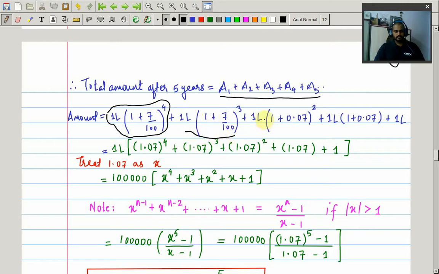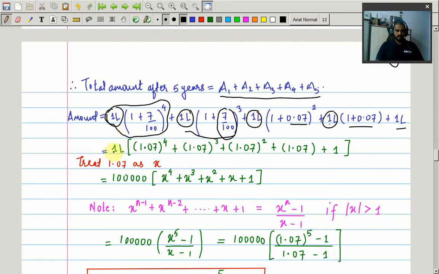Now what I have done: this 7 by 100 is everywhere, so I have started writing it as 7 divided by 100, which is 0.07. You can see that 1 lakh is everywhere, so let's take it out common.